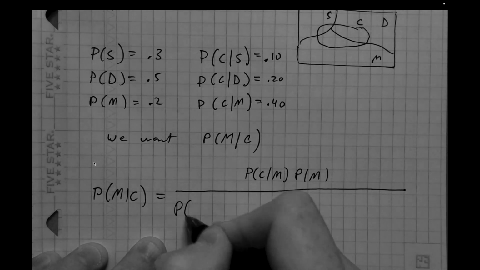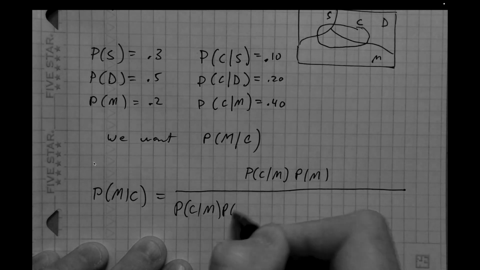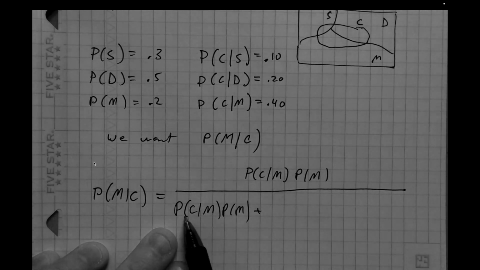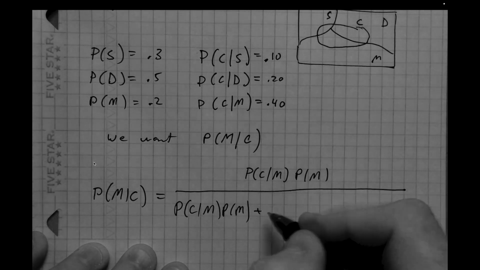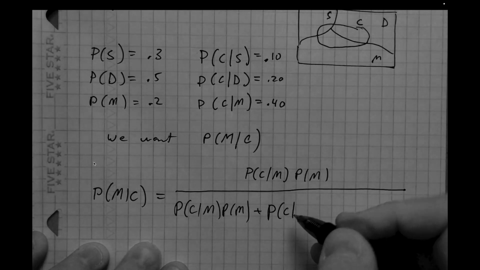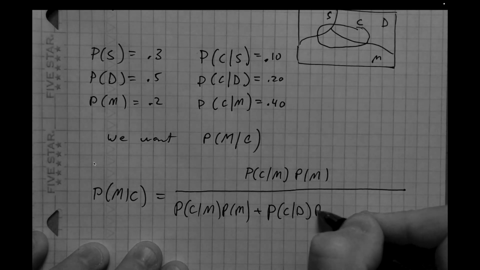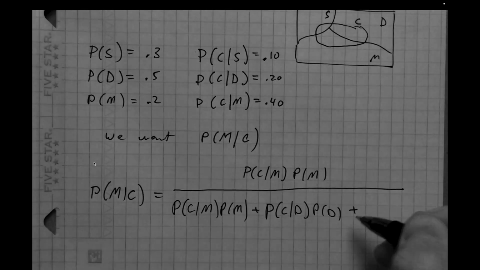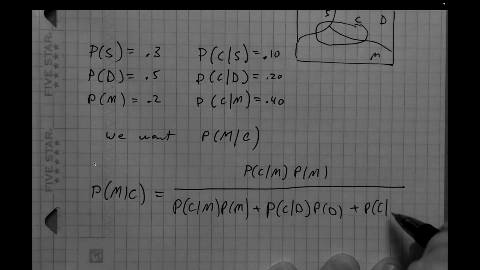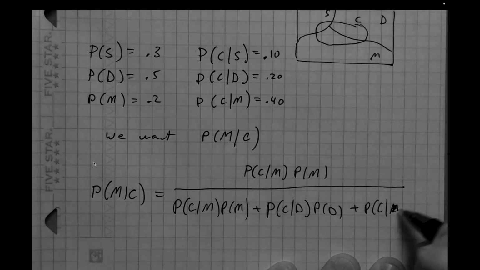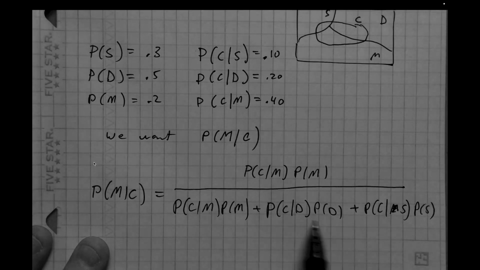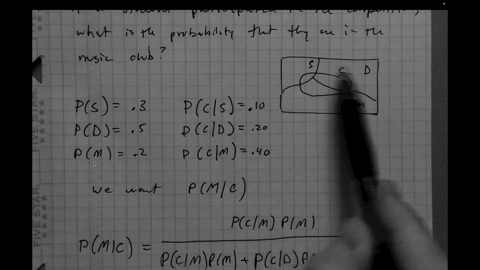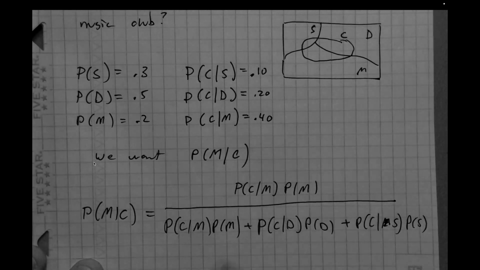And so that's the probability of C given M times the probability of M, plus, now again, it's just the probability of competing given a different piece of the partition. So the probability of competing given drama times the probability of drama, and then the probability of competing given science times the probability of science. So it looks like that, right? And you're either in music, drama, or science, and you want to know the probability of competing.